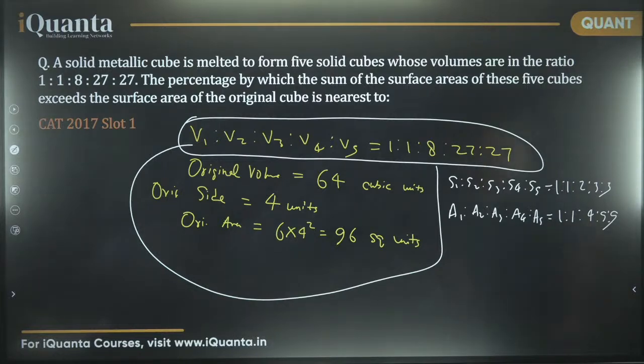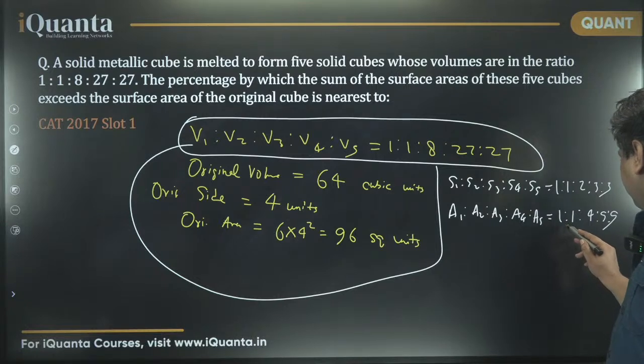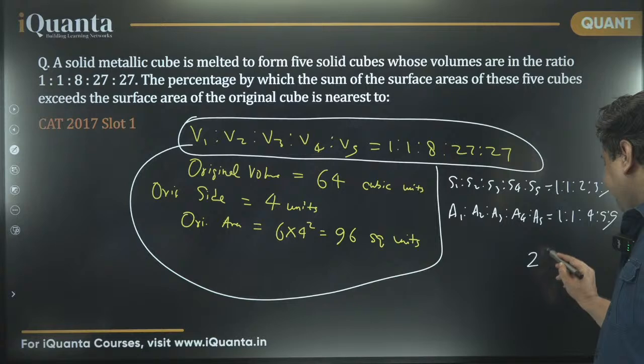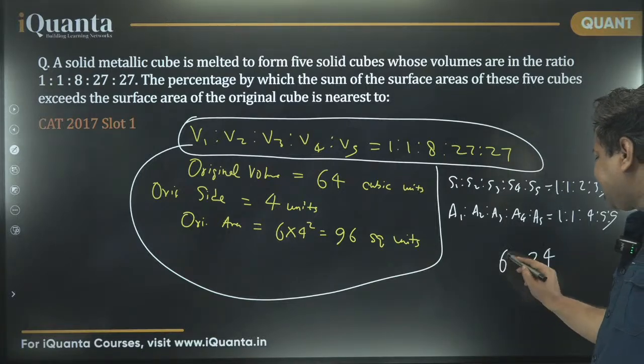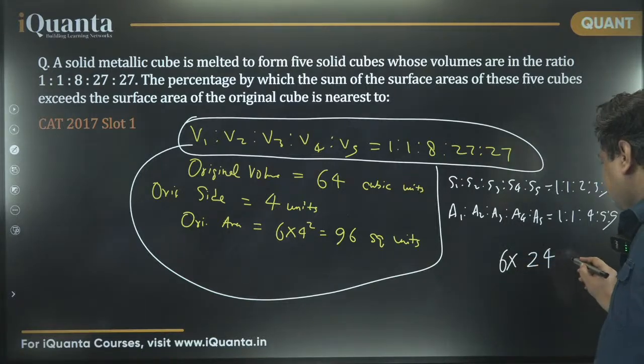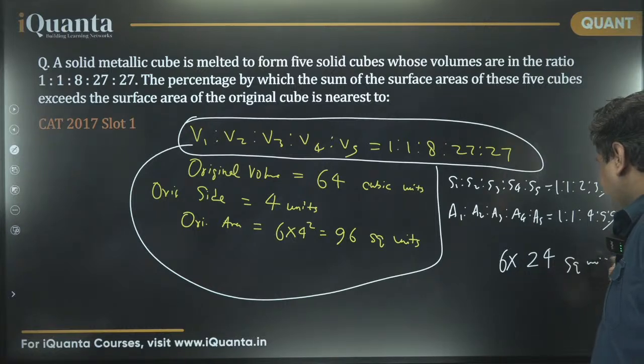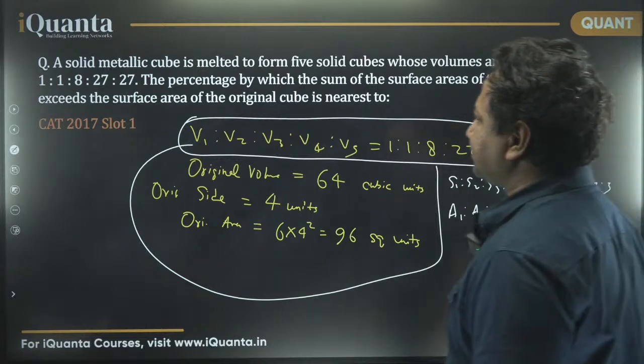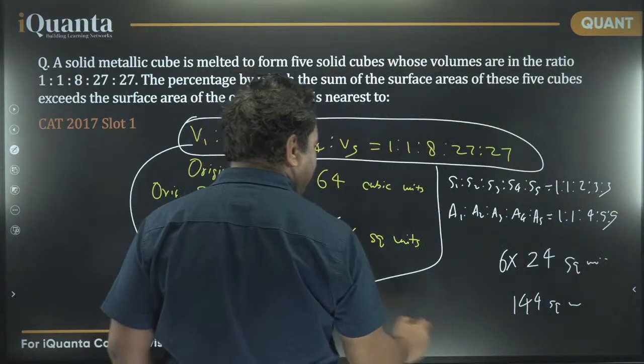If I add this, what do I get? 1 plus 1 is 2, plus 4 is 6, plus 9 is 15, plus 9 is 24. That is for one face, but multiply by 6, isn't it? Because 6 faces are there. So we have 144 square units here. How much has it increased? Earlier it was 96, now it is 144.